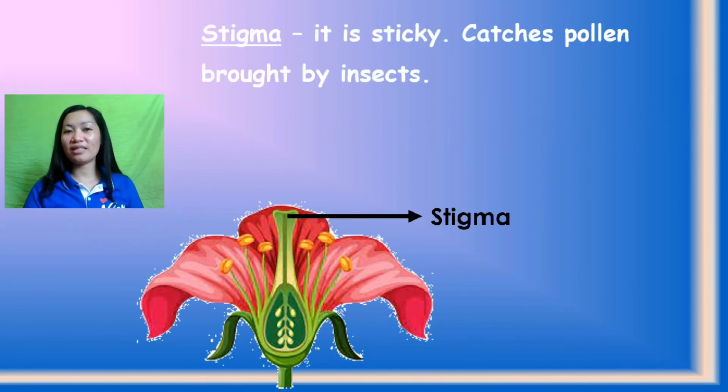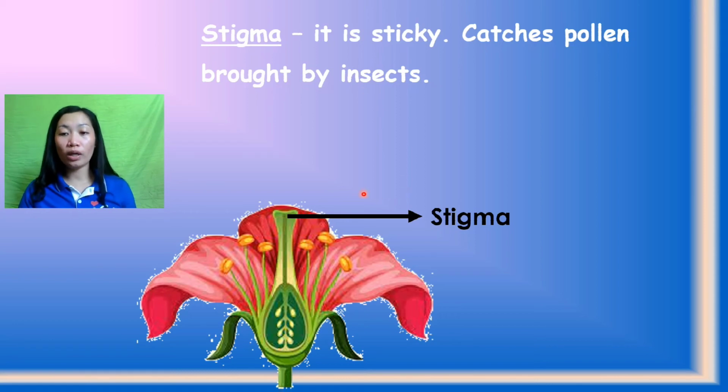When we say stigma, it is very sticky and catches the pollen grain brought by an insect. Do you know that the butterflies and the bees are helping the flowers to pollinate? Because when they get the nectar of a flower, they also get the pollen grain and transfer it here to the stigma.